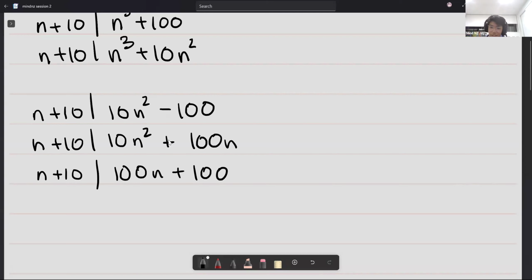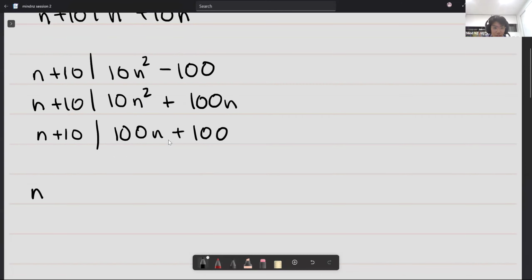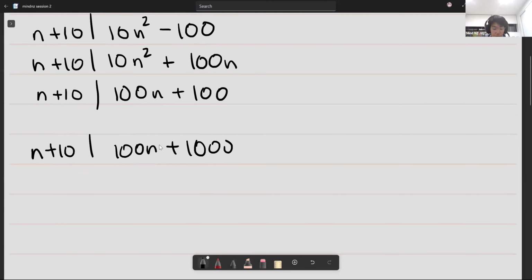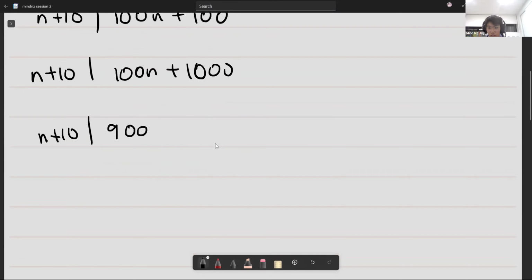Okay, so then we can do this one last time to get n plus 10 divides 100n plus 1,000, right? So if we take the difference of these two now, we get that n plus 10 divides 900, right?